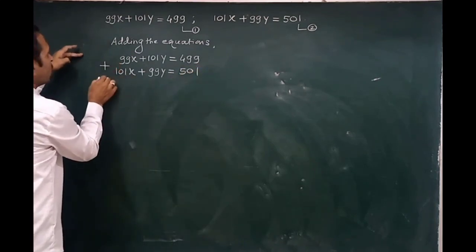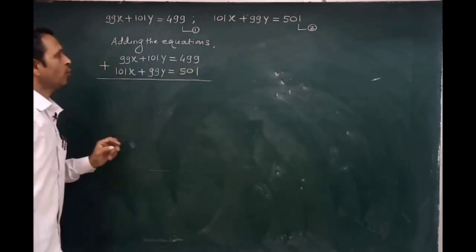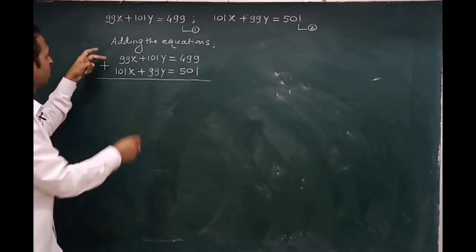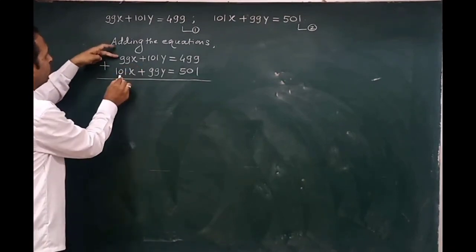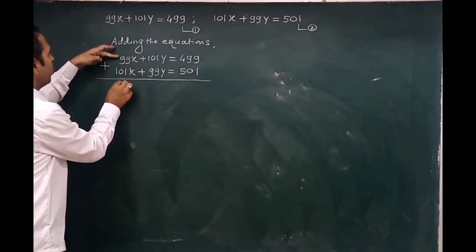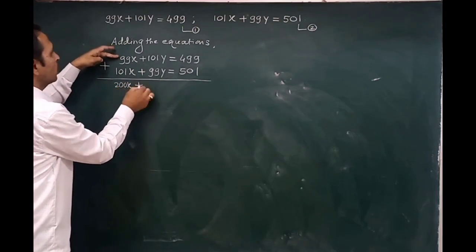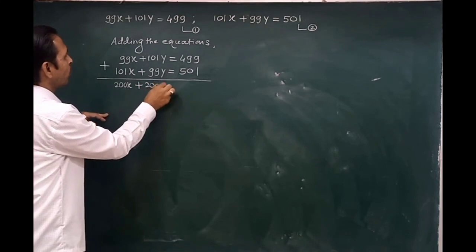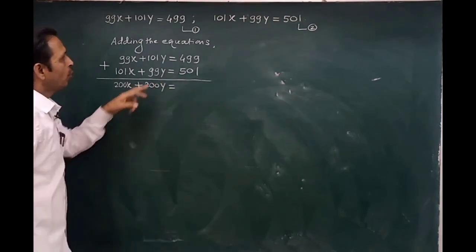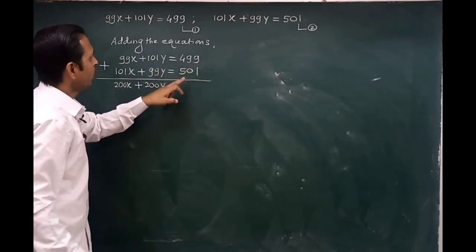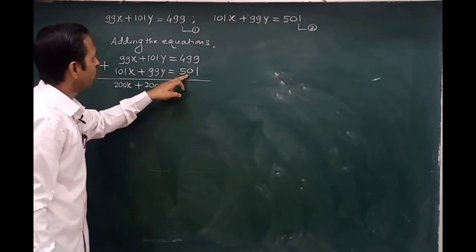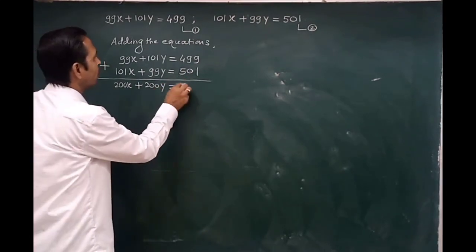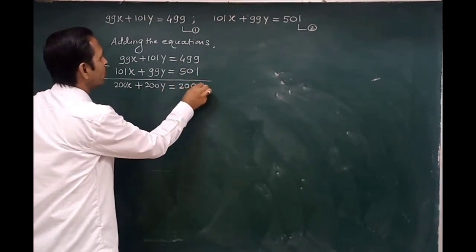Adding these two equations directly, what happens? 99 + 101, that is 200x, plus again 101 + 99, that is 200y, is equal to 499 + 501, that is 1000.